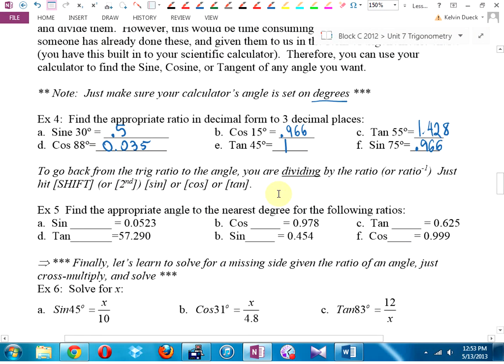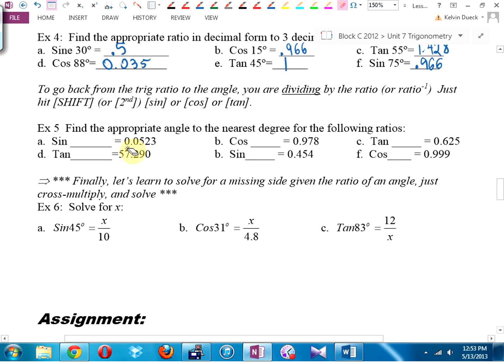Not only can I tell you the angle and you give me the trig decimal, we can go backwards. I can tell you the trig decimal, and your calculator can give me the angle. This is all stored in.